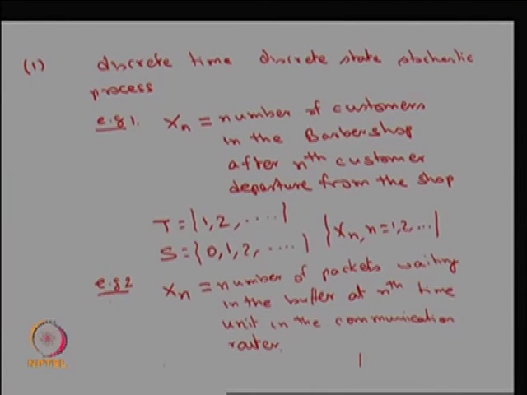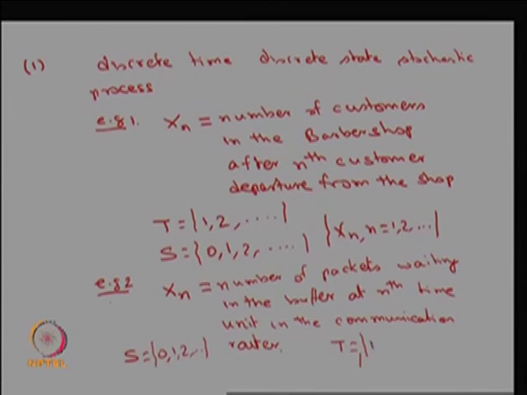So, the possible values of capital S, that is going to be, there is a possibility no packets in the buffer, or 1 and so on, and similarly the possible values of capital T, that is also the nth time unit.